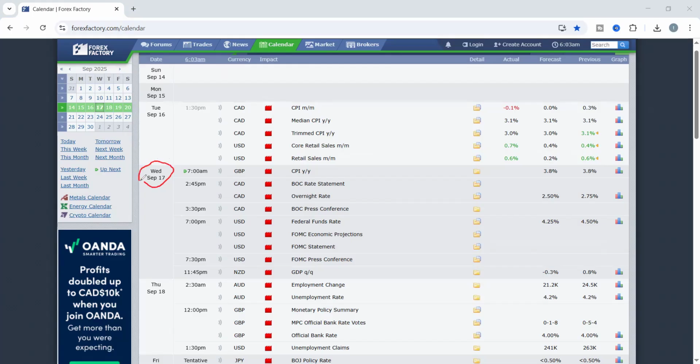September 17, Wednesday, if you look closely, we have the US dollar high impact news, FOMC coming out. And of course, FOMC, if you are not conversant with that news, the Federal Open Market Committee news, it's usually very, very volatile.